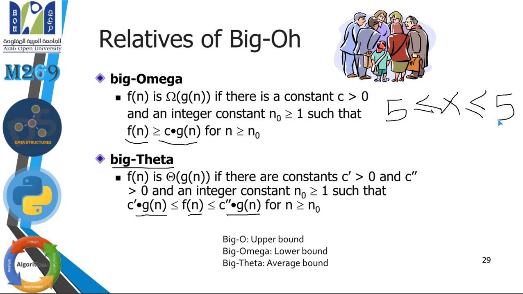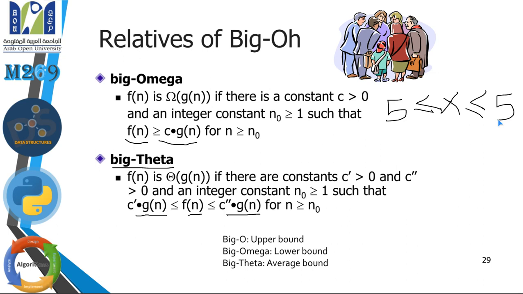For example, if the code has 10 lines, 5 lines are constant, which takes only constant C1, 4 lines take n, and 1 line takes n square. So the complexity of the whole algorithm is n square plus n plus 1. In total it is n square. We will take the highest.